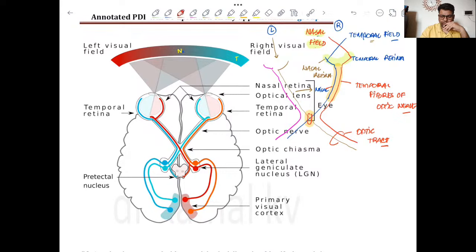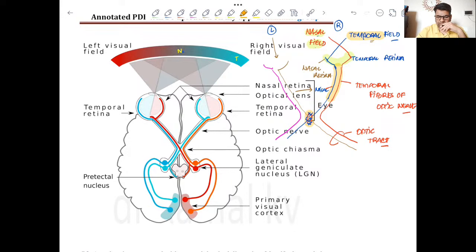Clear? So if there is any pathology in the region of the optic chiasma, there will be damage to both the nasal fibers of the optic nerve. Now nasal fibers continue from the nasal part of the retina, and this nasal part of the retina is actually carrying impulses from the temporal visual field.